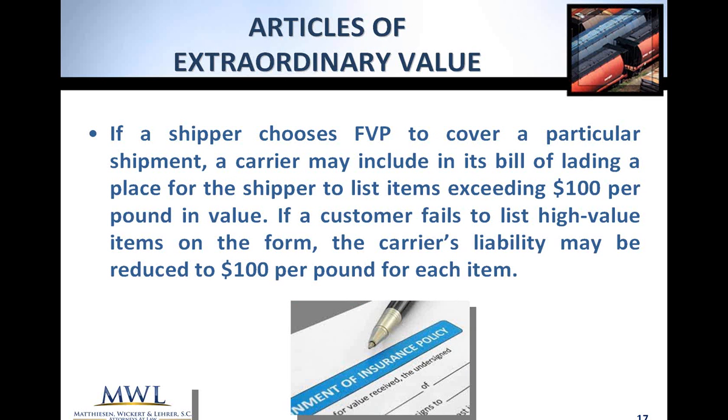One of the carrier protections in a Carmack claim that is also a carriage of household goods claim is that the carrier must be alerted to any items that are articles of extraordinary value.